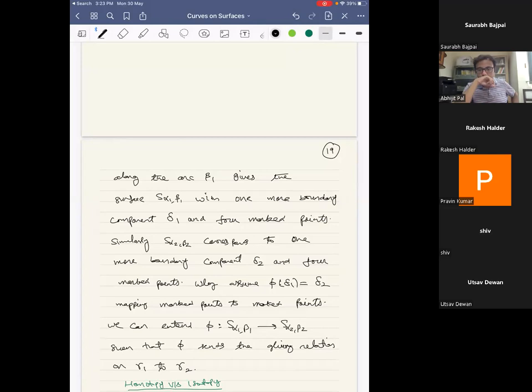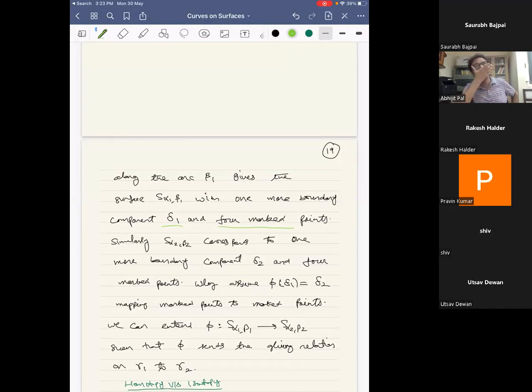When you cut along this, you get one more boundary component. Let's call it delta 1, and you have 4 marked points corresponding to this. Just make them distinguished, so we call them marked points.